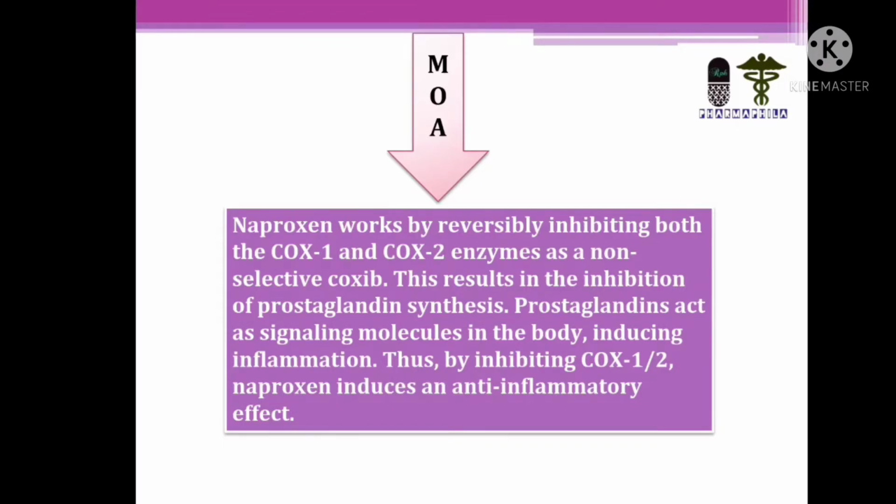This results in the inhibition of prostaglandin synthesis. Prostaglandins, that are the PGs, act as signaling molecules in inducing inflammation. Thus, by inhibiting COX-1 and COX-2, naproxen induces anti-inflammatory effects. Why? Because it inhibits both the COX-1 and COX-2 pathways.